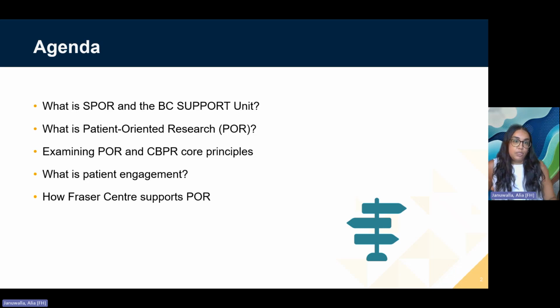Today's pre-recorded workshop will introduce the strategy for patient-oriented research and the BC Support Unit, our team. It'll also introduce patient-oriented research, also known by its acronym POR. We'll unpack some POR and community-based participatory research core principles.